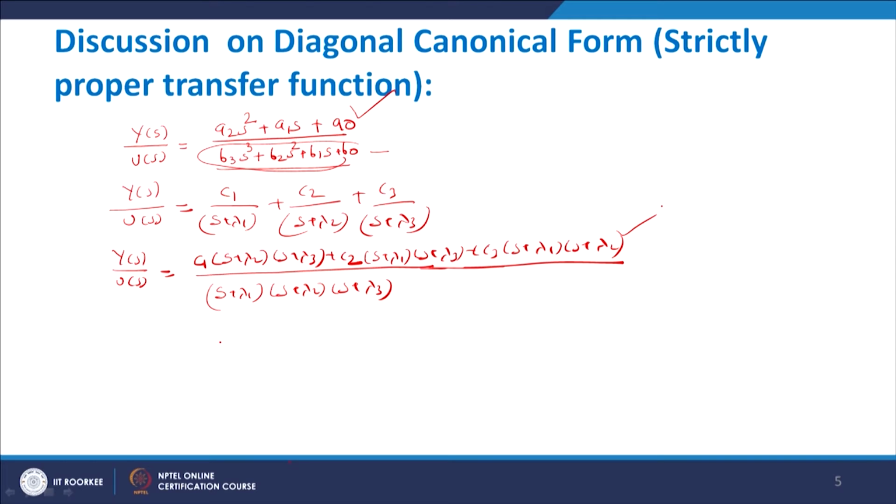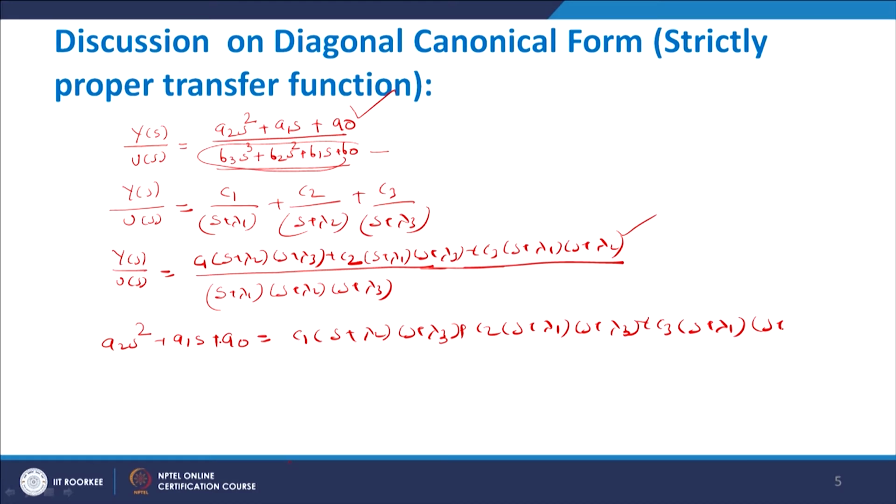If you compare, we write down a2 s square plus a1 s plus a naught equals C1 into s plus lambda 2 into s plus lambda 3, plus C2 into s plus lambda 1 into s plus lambda 3, plus C3 into s plus lambda 1 into s plus lambda 2. So, this equation we have written. Now, our main purpose here is to get the values of C1, C2 and C3.